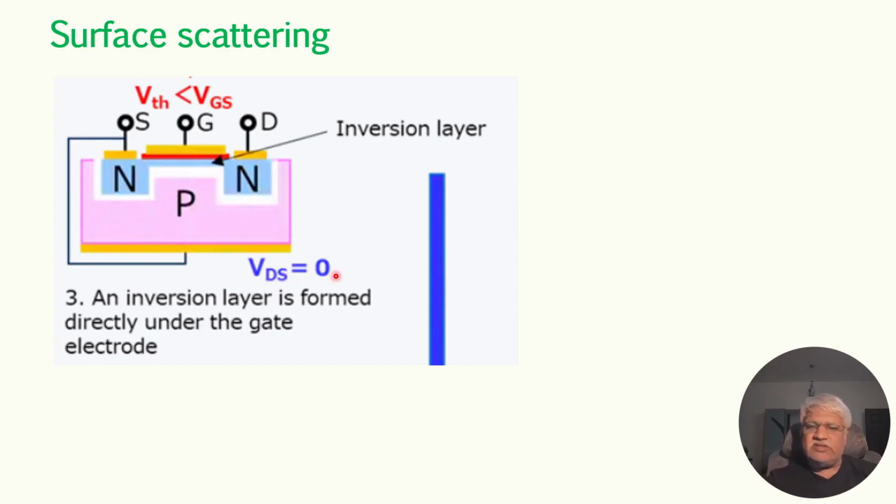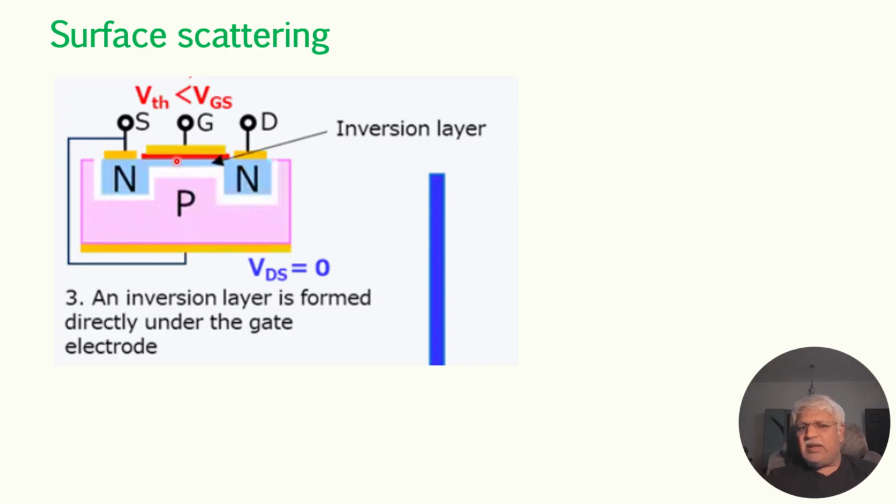It is shown as VDS equal to 0. Assume VDS is slightly greater than 0. Then the electrons will flow from source to drain, and largely you can think of it as a smooth, gliding flow.